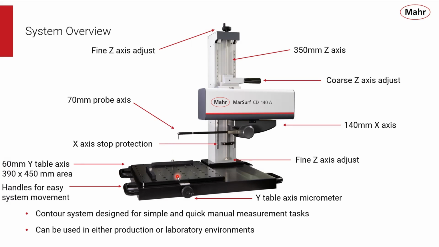And this has 60 millimeters of range and is a 390 by 450 millimeter area plate. And then finally, on the sides, you've got two handles on each side for easy system movement.